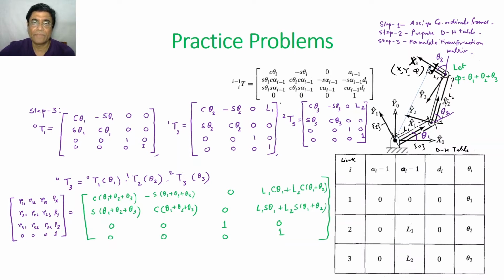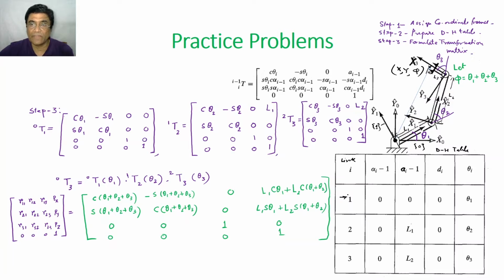Once you have done this correctly, it's a very mechanical thing, nothing to worry about. Step 3 is to calculate all the matrices from here. So how to do that? Read this row, and that will give you T1, the transformation matrix of frame 1 with respect to 0.